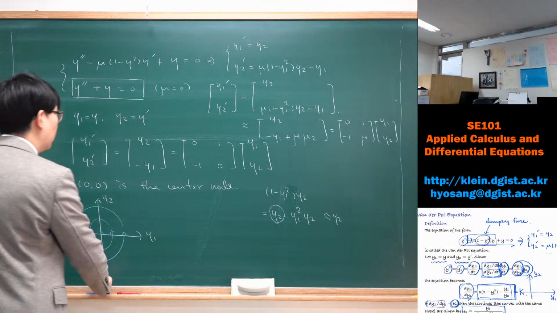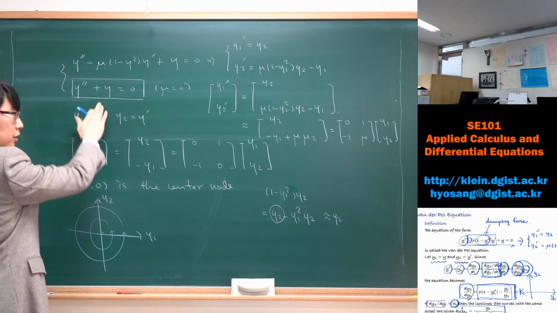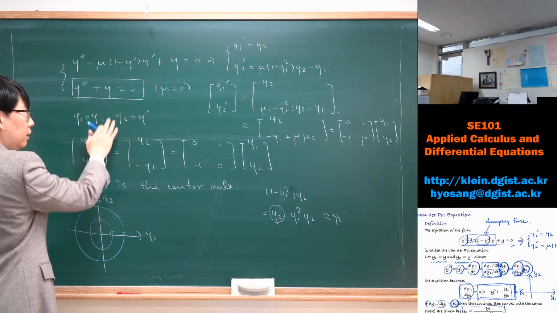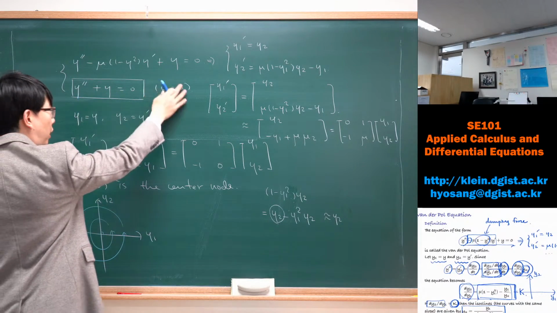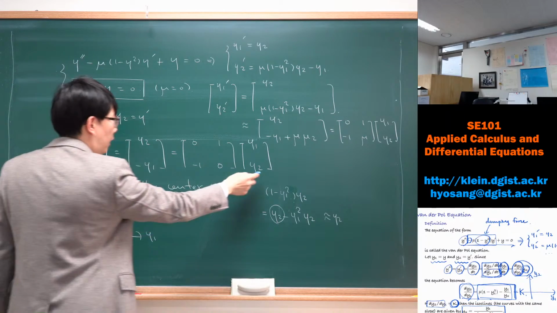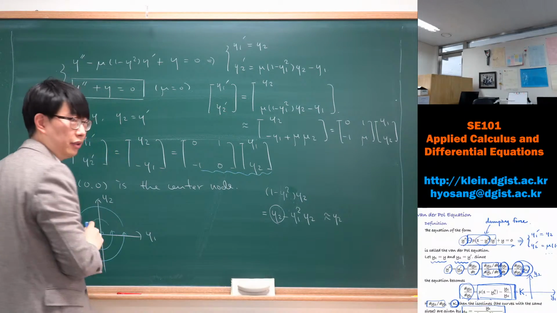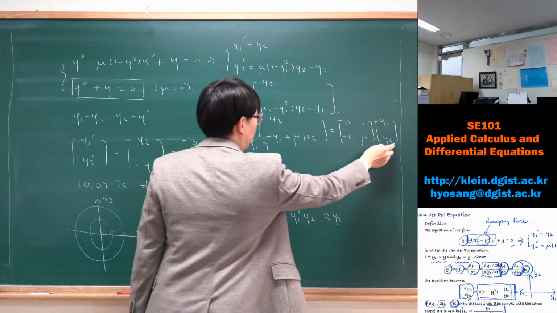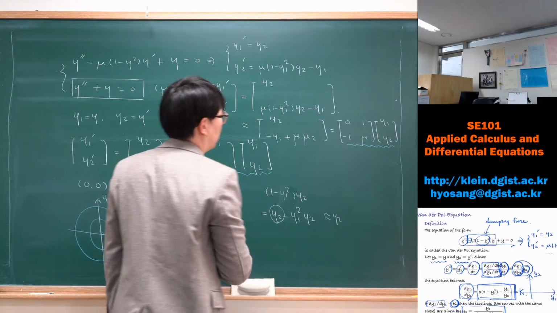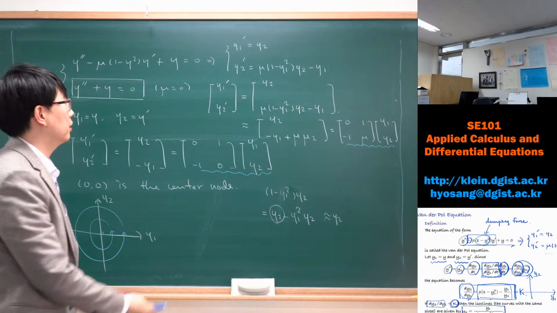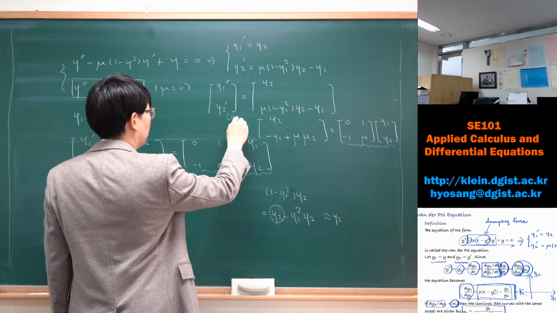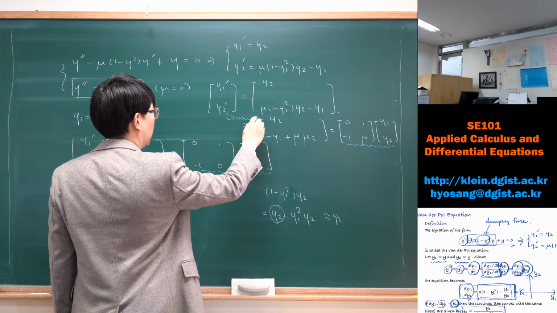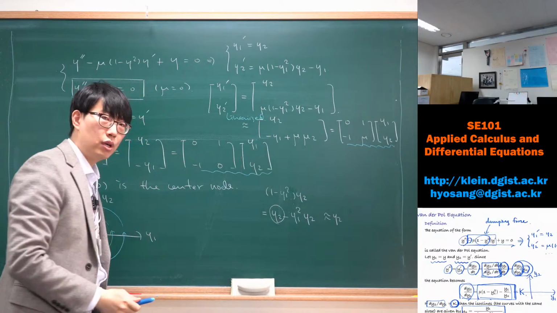So let's compare the simplest case. This is the van der Pol case when mu is actually 0, and we know that this has a central node. And look at a little bit more general case. It's not entirely general because we linearized this differential equation.